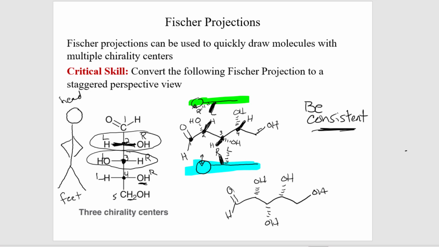This is a lot harder to look at when you're trying to compare carbohydrates, as I mentioned before, which is the pro to using Fisher projections. This takes some practice, and you might not see it right away, but if you use the Aquaman-Superman strategy, it'll be a little easier to convert between these two types of projections.